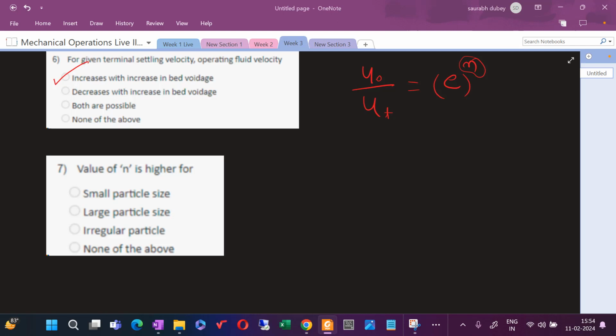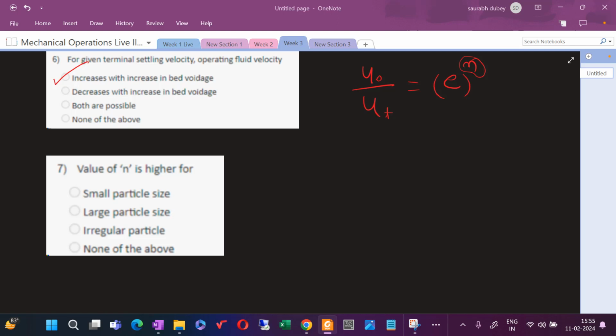Through the curve, as far as I remember, this will be very helpful for you. This n, if you see, is high for what?